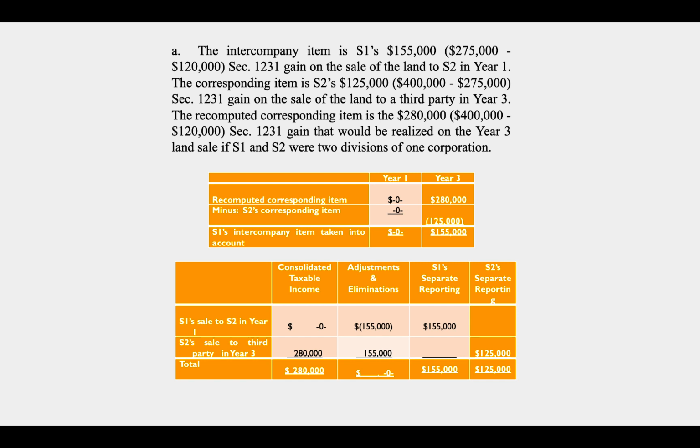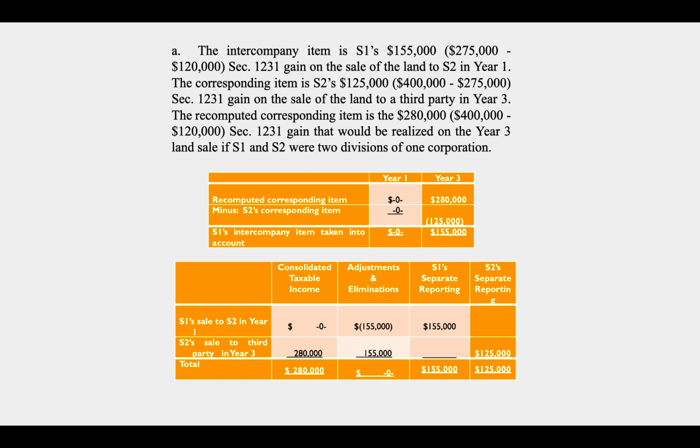In year 3, we have the recomputed corresponding item, the $280,000 of gain, minus the S2 corresponding item of $125,000, which is what's left is S1's intercompany item taken into account. And the way that this graph is written is a little bit confusing. So if you'll look down here at the bottom box, you can see that in year 3, we take into account all $280,000 of 1231 gain regarding this land.